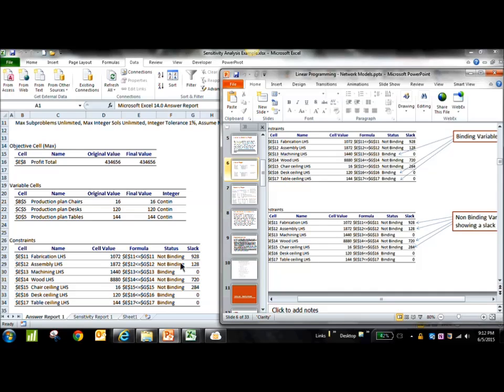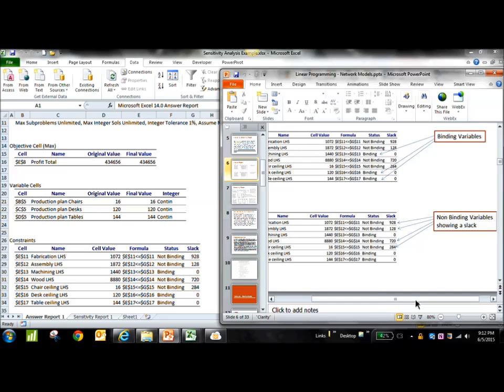Those that don't have a 0, meaning that there's still slack in those and they're not limiting the profit in any sort. We call those non-binding variables. Anytime they show slack, they're non-binding. Pretty simple. So even though we change these variables or we increase these constraints, it's not going to have an effect on the optimum solution.